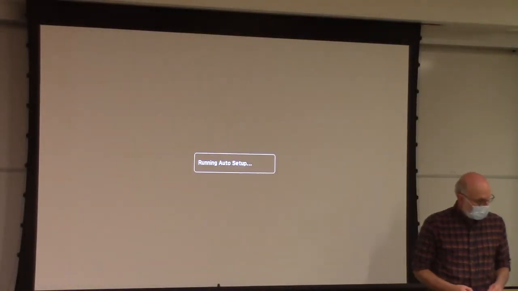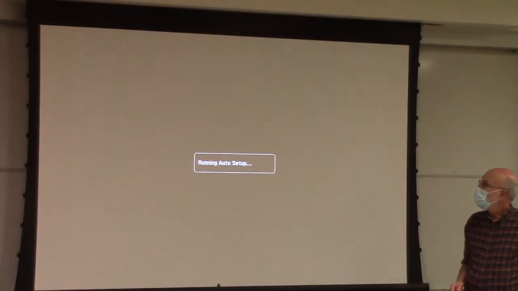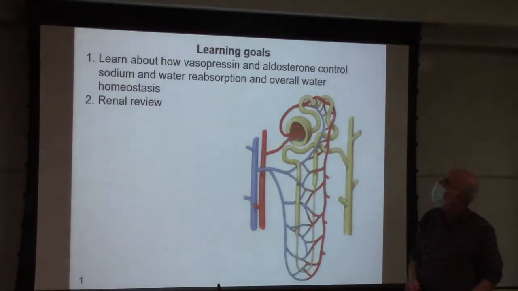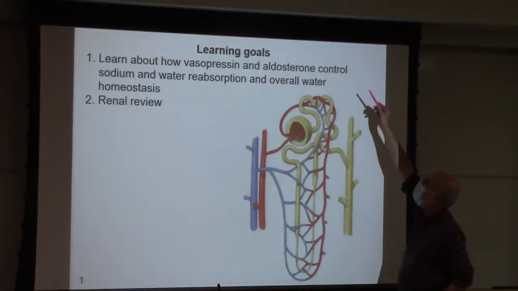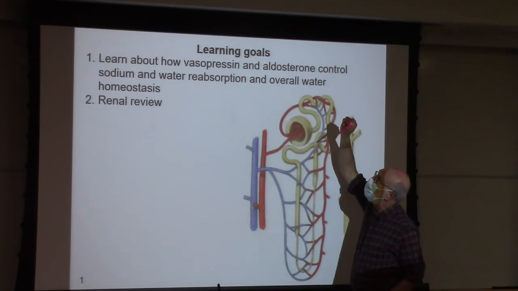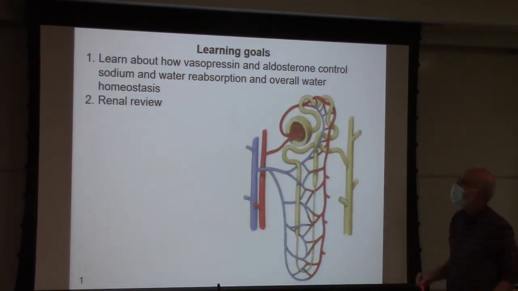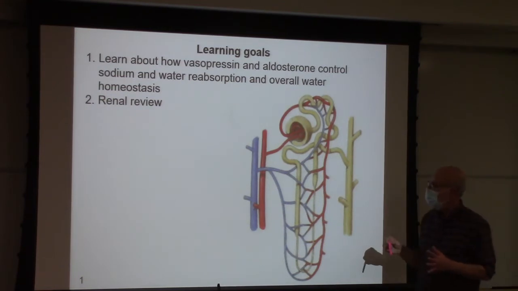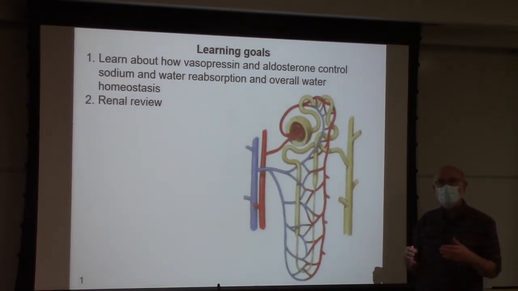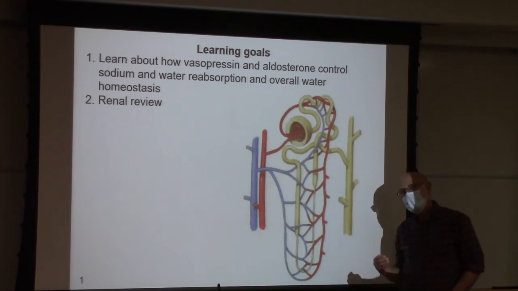So let's pick up where we left off on Monday. We're going to talk about control of the kidney by 2 hormones, vasopressin and aldosterone. Then I want to cover water homeostasis again because repetition is sometimes helpful, and doing it at the beginning of a class as opposed to the end of the class can be helpful.